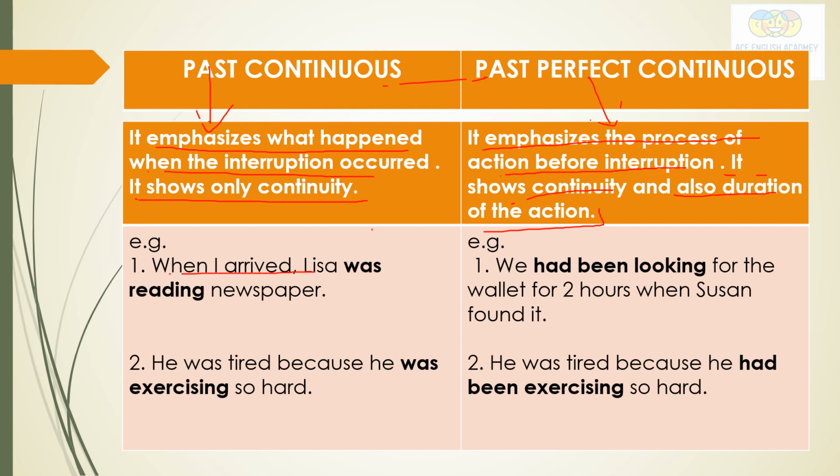When I arrived, Lisa was reading newspaper. He was tired because he was exercising so hard. So in this sentence, what we see? That he was tired because he was exercising so hard. He was exercising at that exact moment.